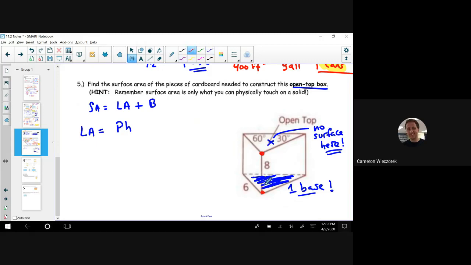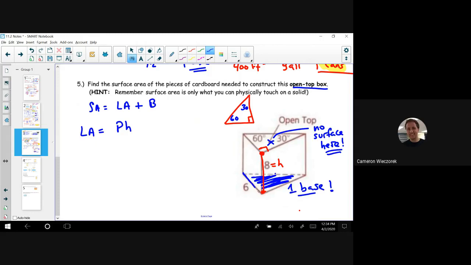Connecting triangle to triangle is a length of 8. And do they give us the perimeter? Let's see. No, they don't. But they do give us a 60 and a 30-degree angle, which means I know the missing one here needs to be 90. I'm just going to draw my triangle separately. 30°, 60°.